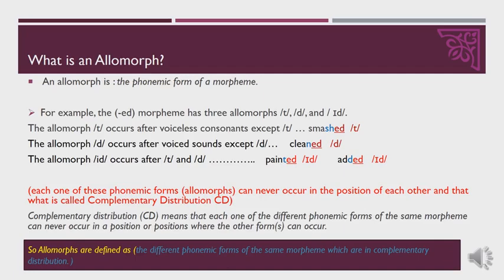This is a rule. Cleaned. The ed is pronounced as de. Can I pronounce it as id, for example? Cleaned, cleaned. No, it is not possible because in this position, after voiced sounds, the ed should be pronounced as de.